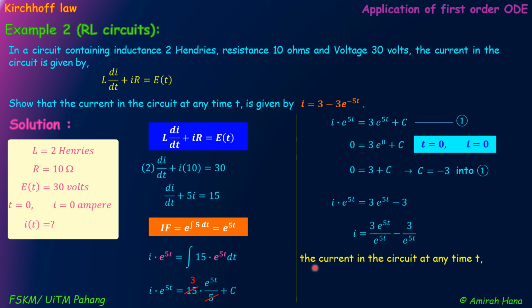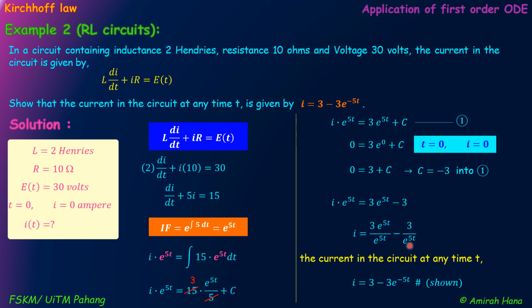Then we can write I, which is the current in the circuit at any time t. After we simplify, we have I equals 3, because we cancel e to the power of 5t over e to the power of 5t, numerator and denominator, and then minus 3.